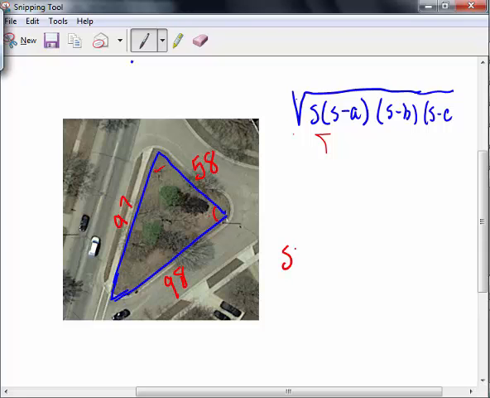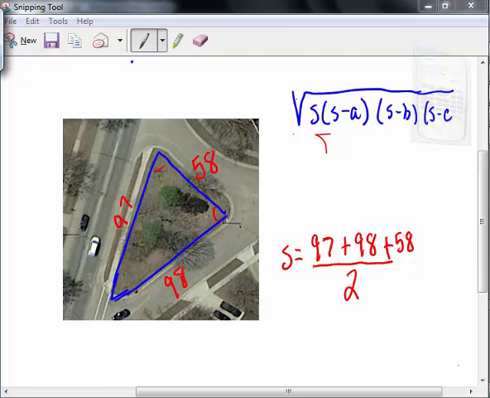So the semi-perimeter is all the way around divided by 2. 97 plus 98 plus 58 divided by 2. That's the semi-perimeter.